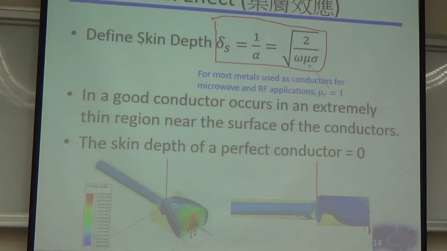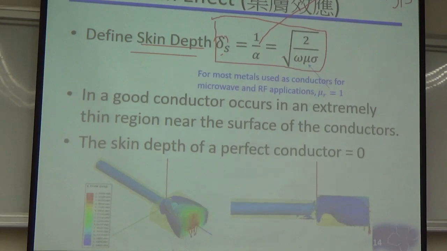The skin depth means how deep your microwave can penetrate inside the metal. The depth equals 1 over alpha. We discussed alpha last week: it is the propagation constant, gamma equals alpha plus j beta.